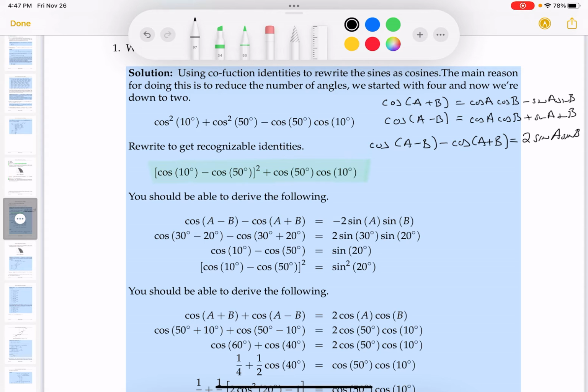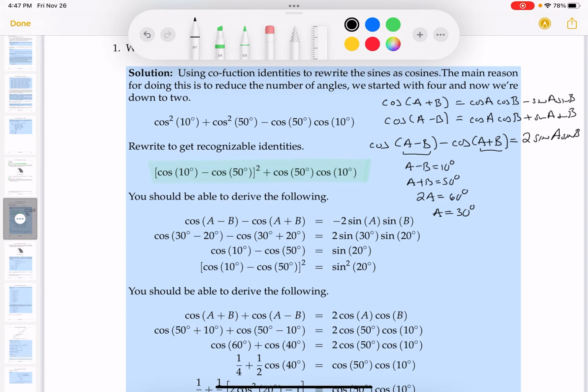And so what are you doing over here? I'm trying to figure something out over here. And I do see, I'm going to say A minus B is the 10 degrees, and the A plus B is the 50 degrees. Well, if I add that together, what would you get? You would get 2A equals 60 degrees. So the A would be 30 degrees. All right?